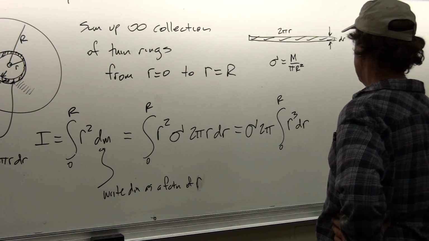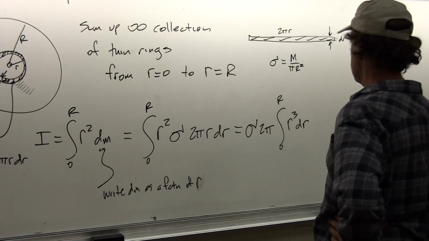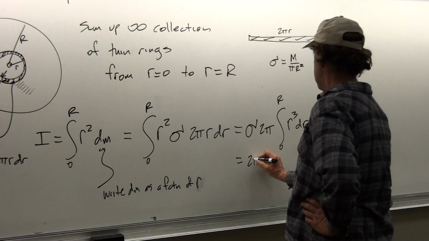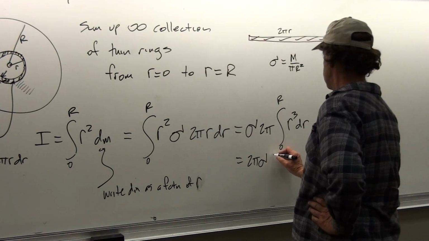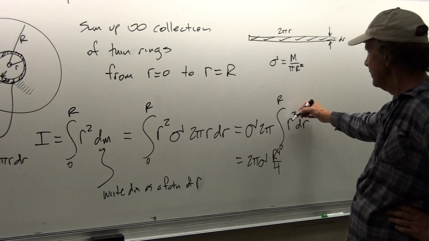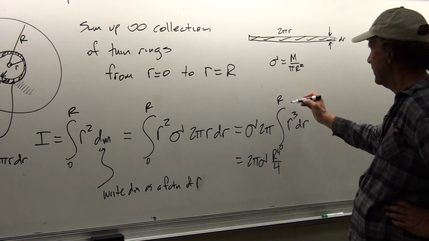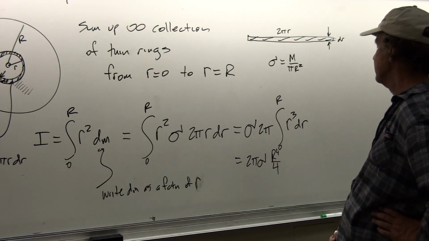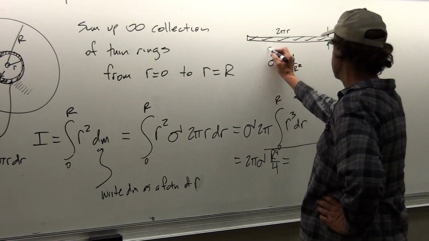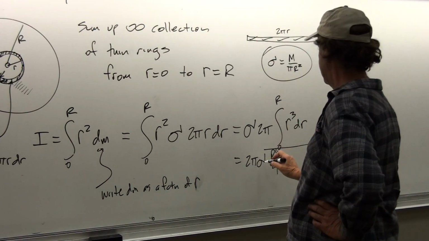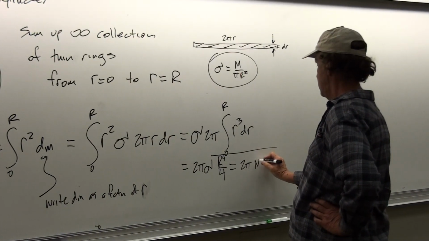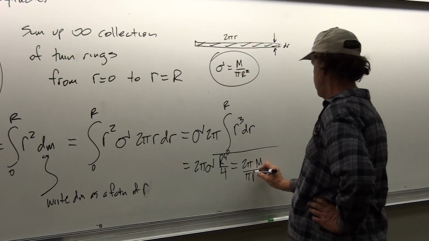So that's going to be equal to 2 pi sigma times big R to the 4th over 4. Right? Because this is going to be little r to the 4th over 4, but then evaluated from 0 to R. So it'll be big R to the 4th over 4. And then in our final step, now we take the sigma and we plug that in as mass divided by pi big R squared.